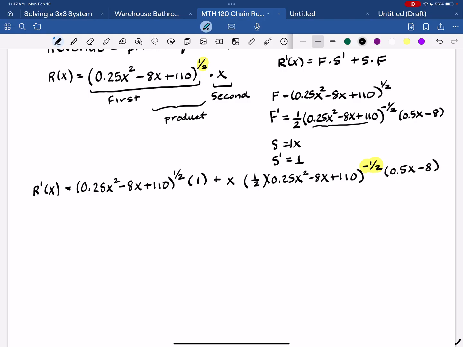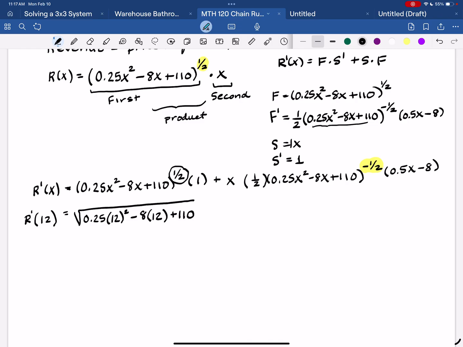So here I have the square root, that's my 1/2 power, of 0.25, and remember we're going to evaluate this at 12, times 12 squared minus 8 times 12 plus 110.